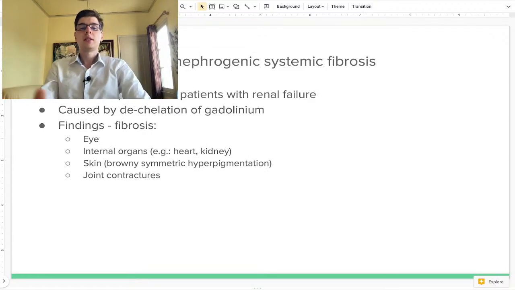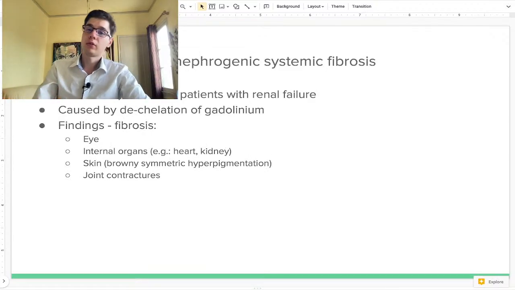Now, let's see what is gadolinium-induced nephrogenic systemic fibrosis. It is a rare complication in patients that have renal failure, as this patient had. It is caused by dechelation of gadolinium.